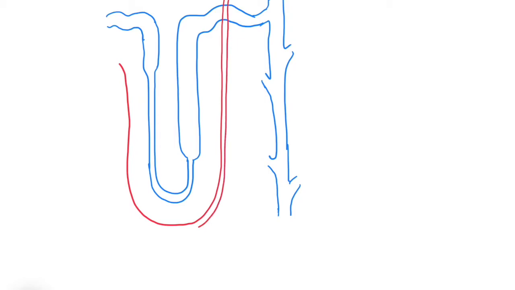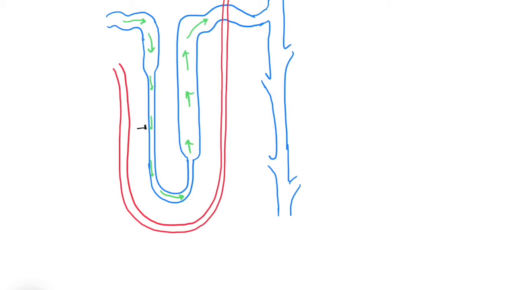So here again I am drawing the part of the nephron with the vasa recta and the collecting ducts also. So we know that the filtrate moves from the cortex region coming down to the descending limb and then moving up through the ascending limb to reach the DCT.